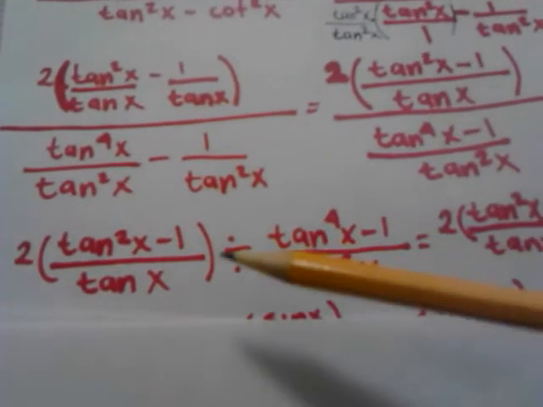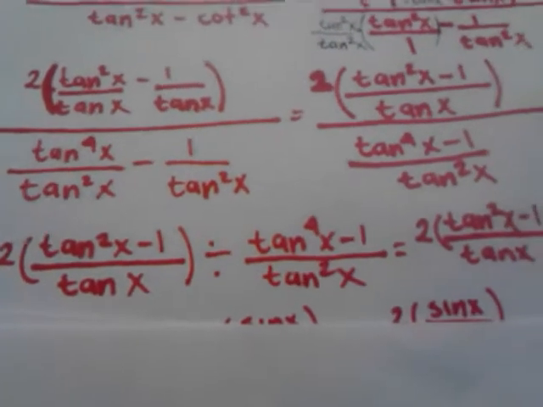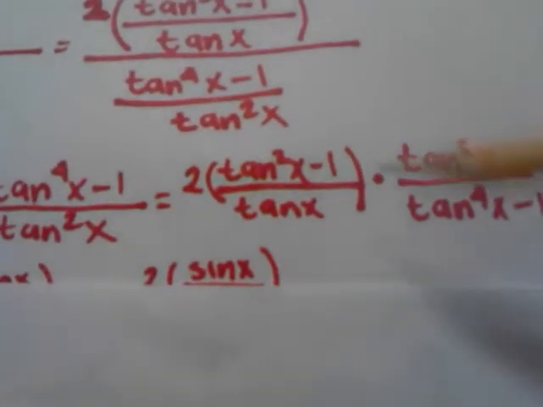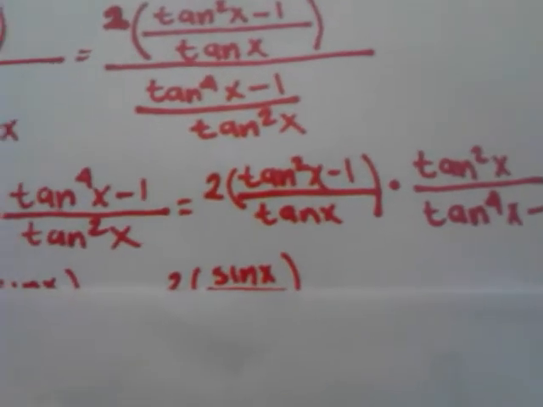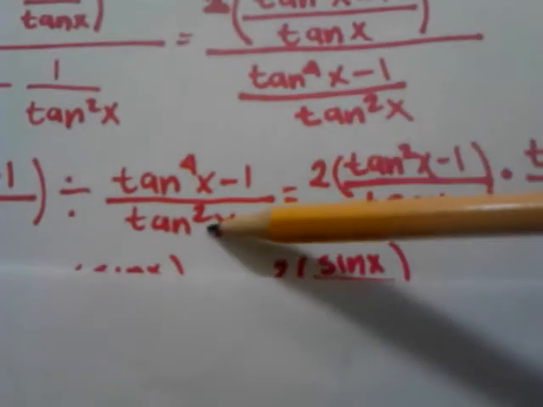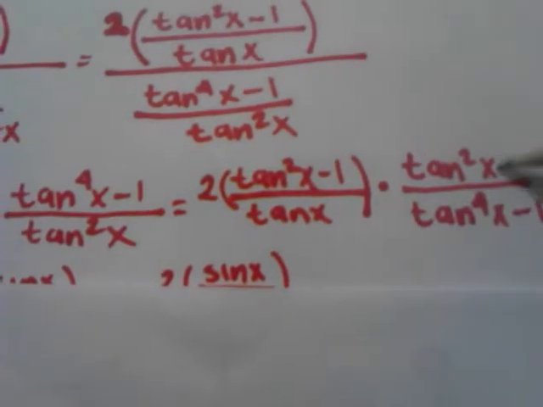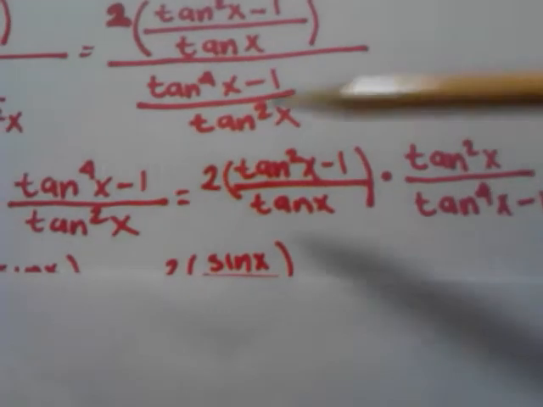So the opposite of division is multiplication, so I have the multiplication here, but in the multiplication we have to switch this, so I switch over here. Tangent square of x is in the top now, and the other is in the bottom.